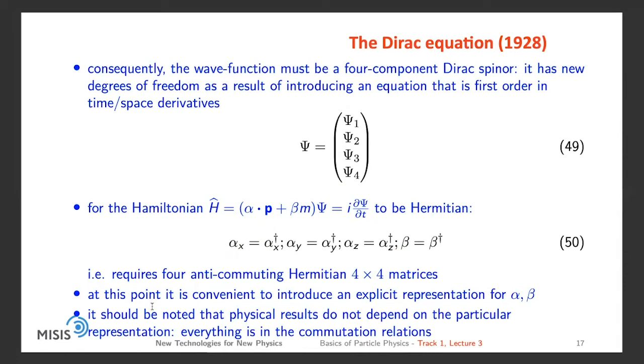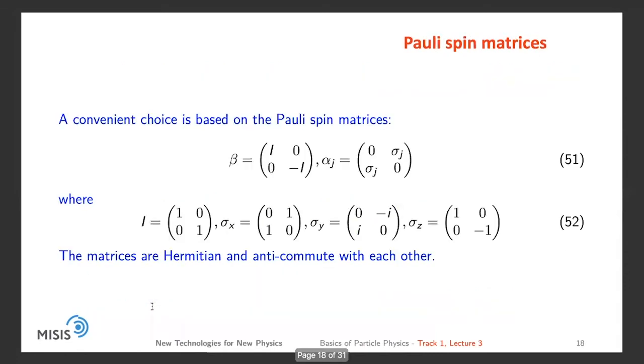So everything that is needed is described in these commutation relations. A convenient choice is based on the Pauli spin matrices. So beta would be equal to a 4x4 matrix formed by a unity matrix and minus unity matrix here. And alpha matrices are formed by the Pauli spin matrices, sigma, which look like this. All these matrices are Hermitian and anti-commute with each other.